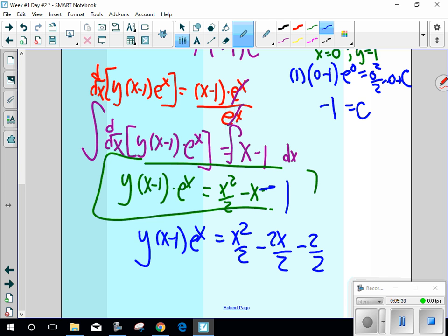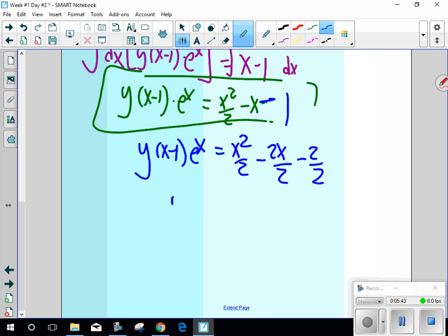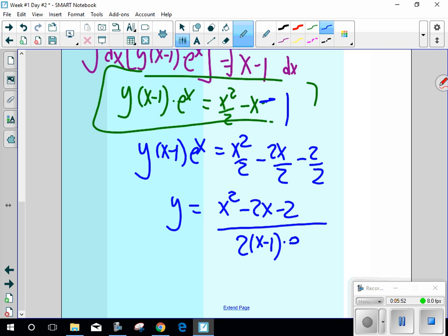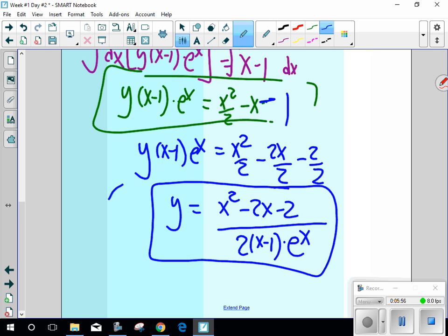See why I did that? Just so I get a denominator of 2. So y is x squared minus 2x minus 2 over 2 times x minus 1 e to the x. That is the answer.